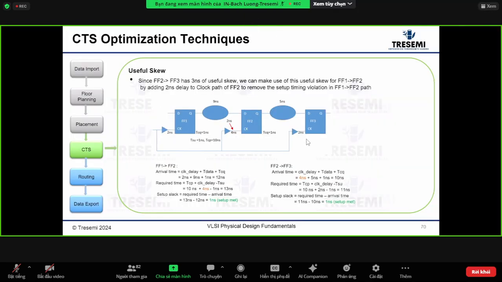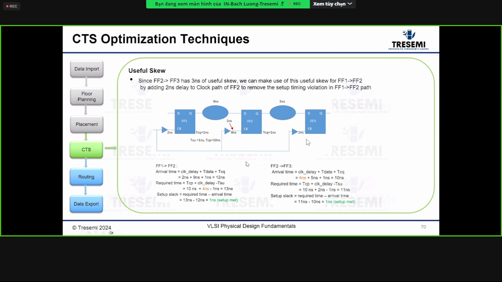Okay. A different question from another student is, do we need to check hold in that same path to check the hold slack has enough margin so that we won't violate hold? Yes, this is showing you the setup aspect of it, but in the same manner you have to be mindful of it. If this violates hold, then the tool won't do it.